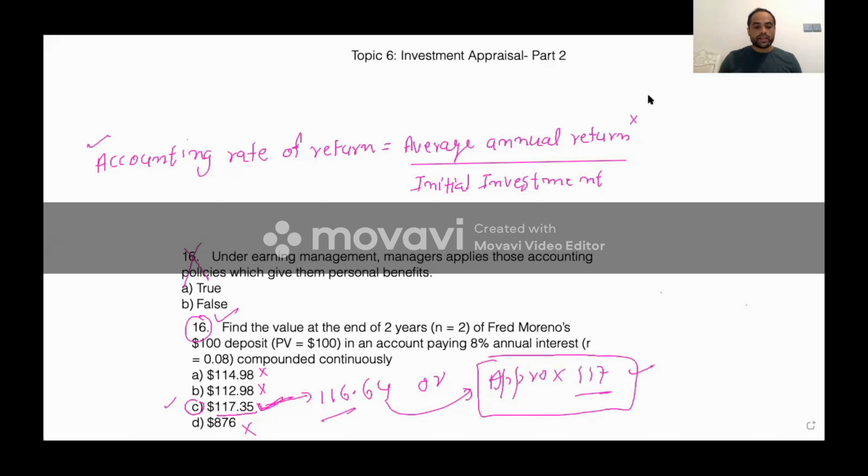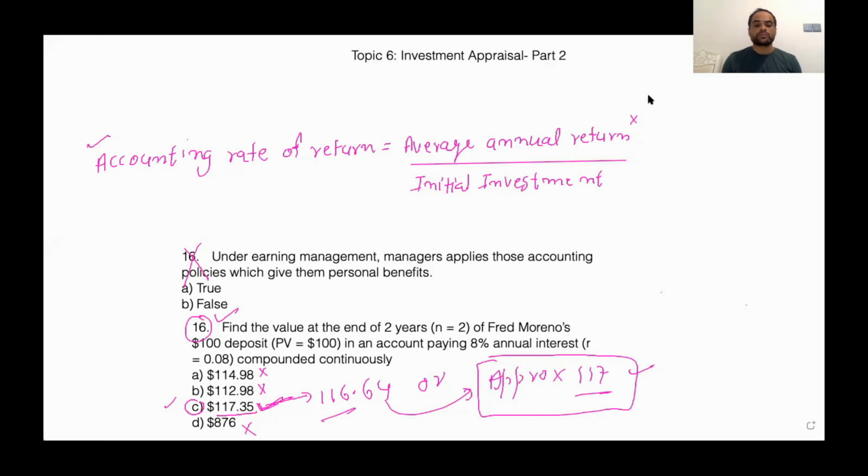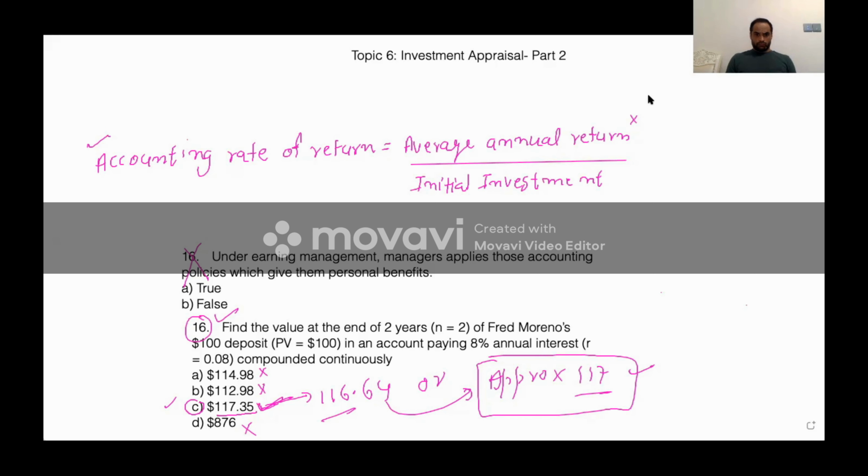Excuse me. Yes. I didn't choose answer C, but I wrote the number 116.64. Is it okay? Did you write this number on your exam paper? Yes. Okay, that's fine, thank you.